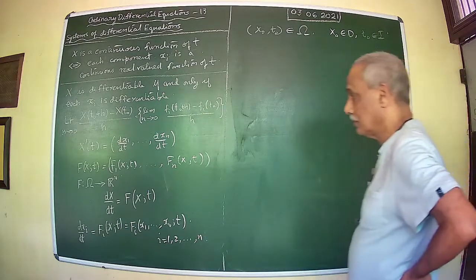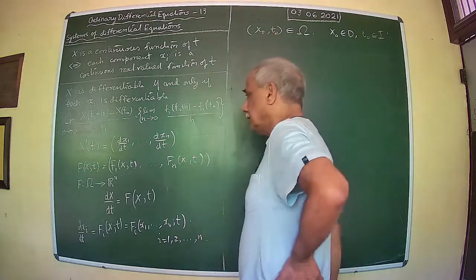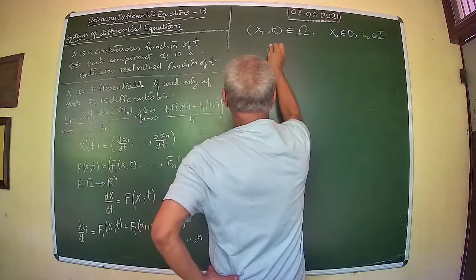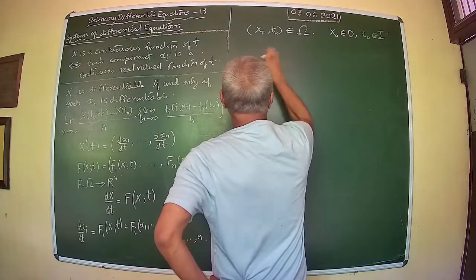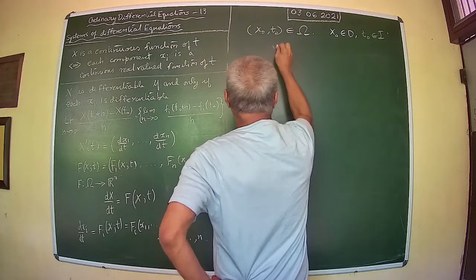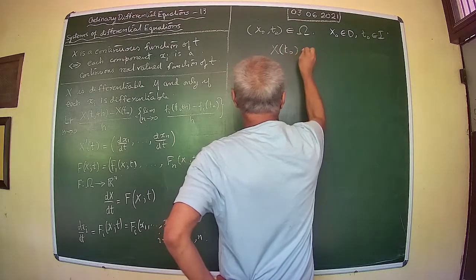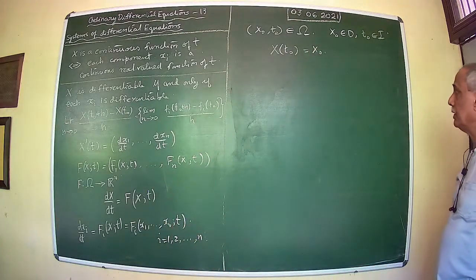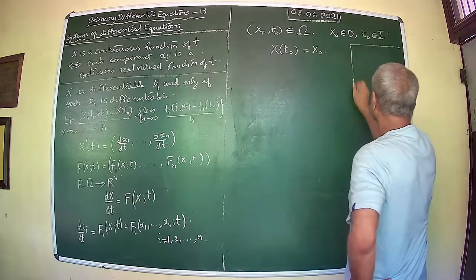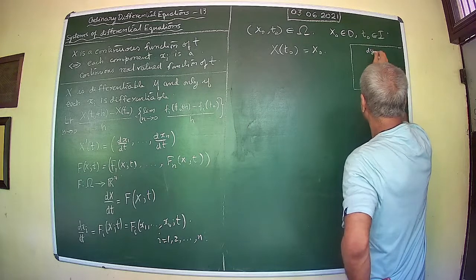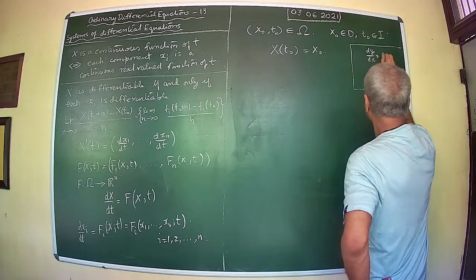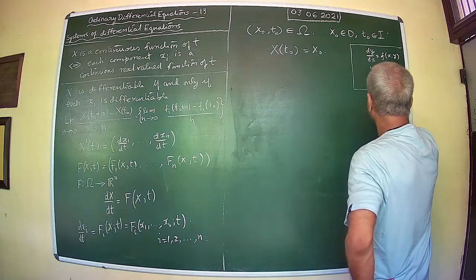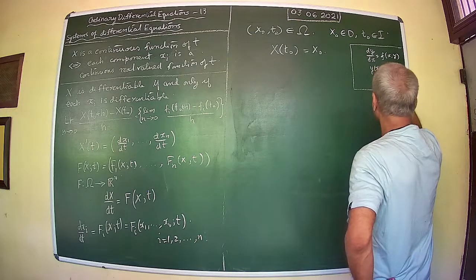Okay. Now if this point is given, then the initial data will be given by x at t naught equal to x naught. Just compare with y(x naught) equal to y naught.